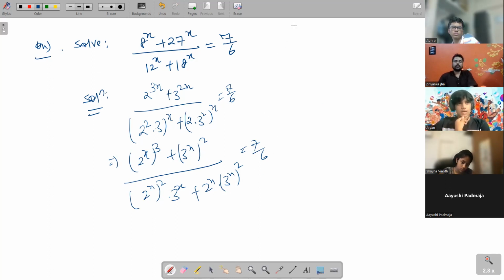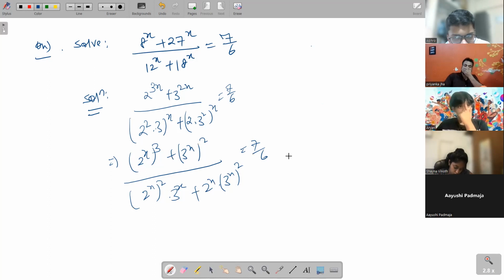Okay, let's do one thing. Use the a cube plus b cube formula. Here this 2 is to the power x and 3 to the power x, so these can be a and b. This is 27, so 3 cube.